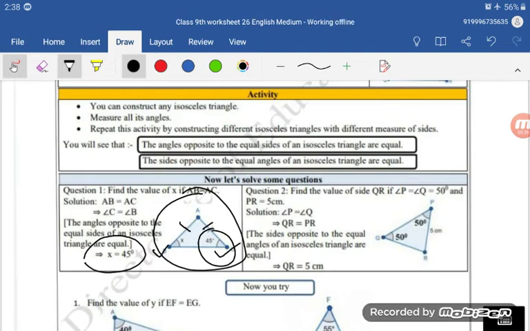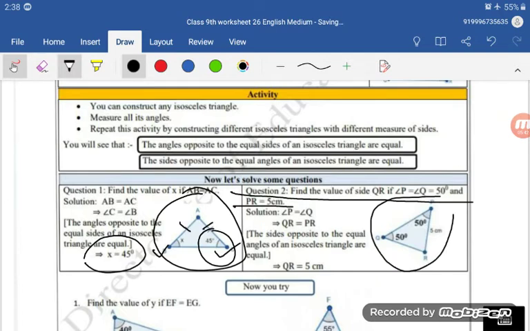Okay. Now we move on to question number 2. Find the value of side QR if angle P is equal to angle Q is equal to 50 degrees and side PR is equal to 5 centimeters. So look at this figure.